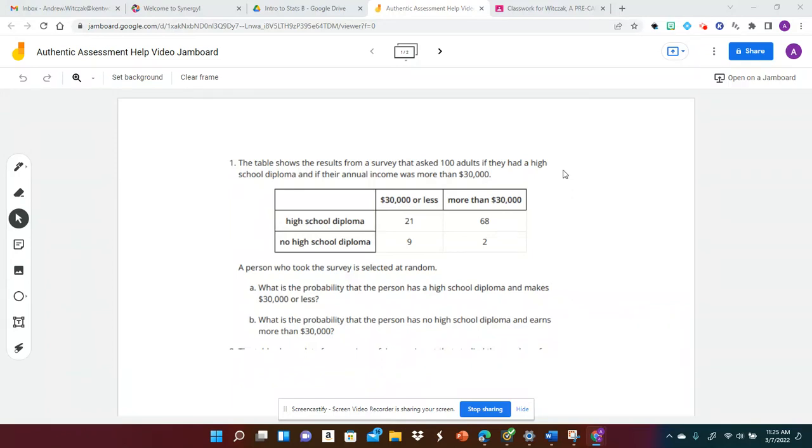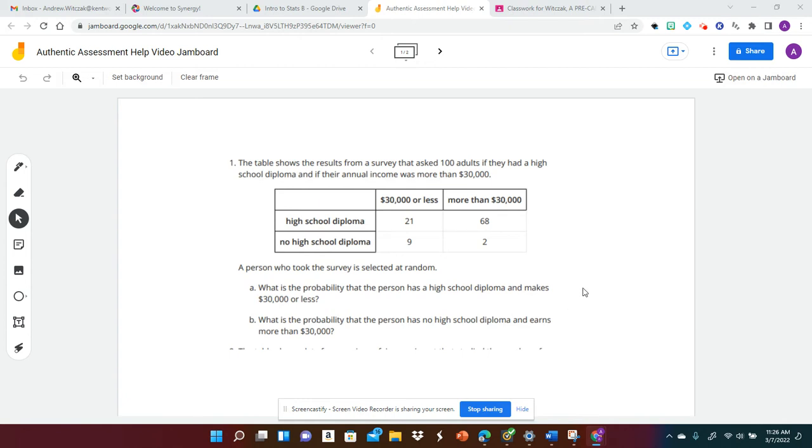So for this authentic assessment, we're going to look at some frequency tables. This table shows a survey that asks 100 adults if they had a high school diploma and if their annual income was more than $30,000. We're asked what's the probability that a person has a high school diploma and makes $30,000 or less?